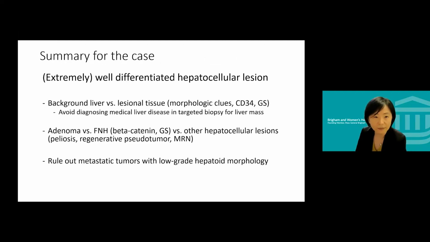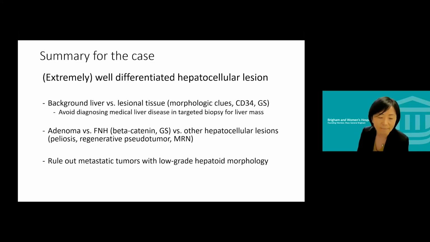So to conclude this case, we talked about how to approach an extremely well-differentiated hepatocellular lesion. We learned how to distinguish background liver versus lesional tissue. And one thing I want to point out is I always avoid diagnosing medical liver disease in a targeted liver biopsy for mass.